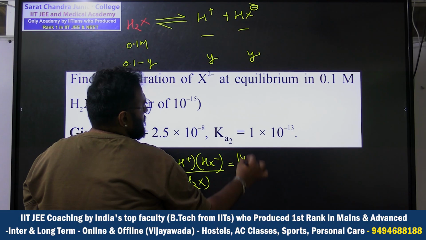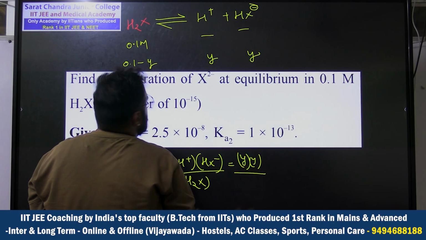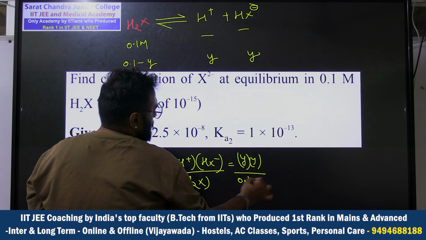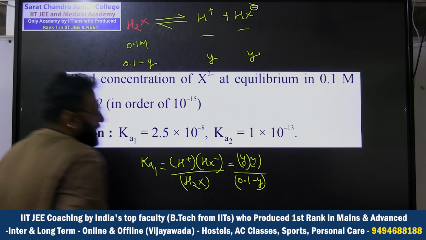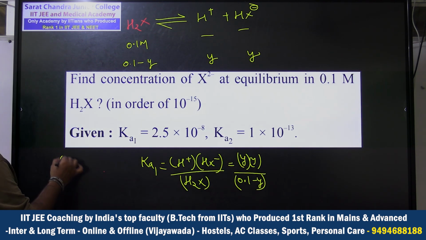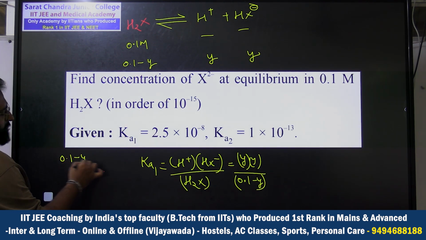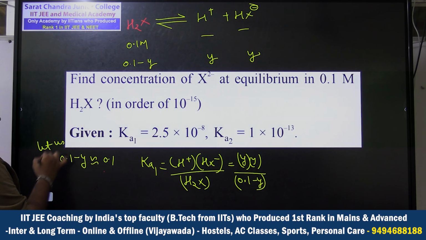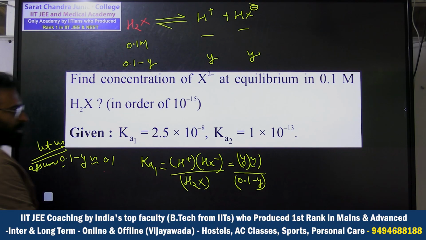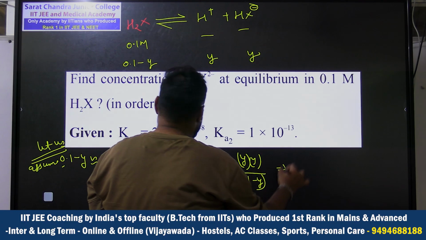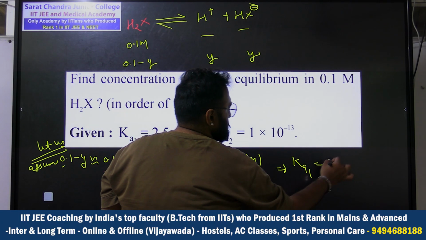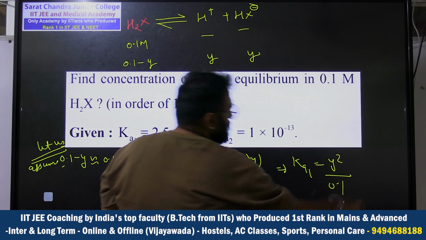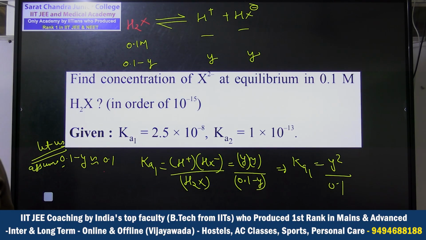So y into y upon 0.1 minus y, correct. Now 0.1 minus y is nearly 0.1, let us assume. So what can I write? Ka1 is equal to y square upon 0.1, correct.